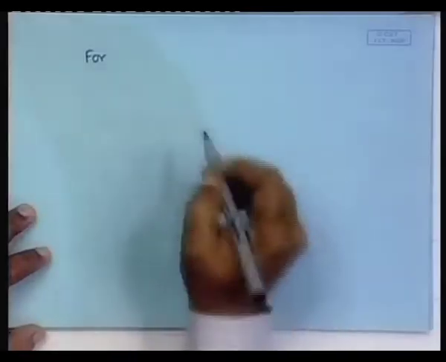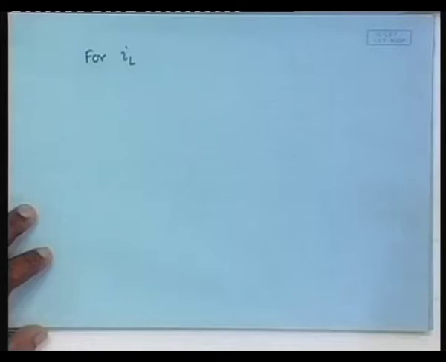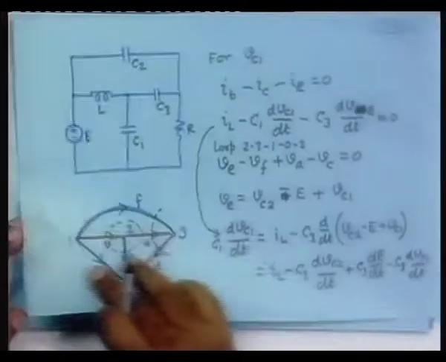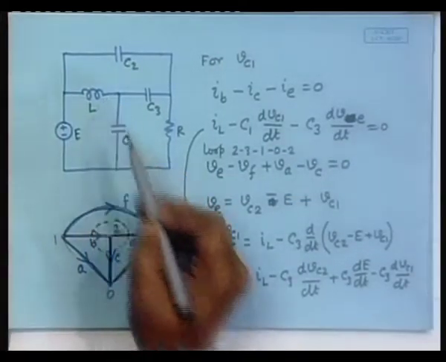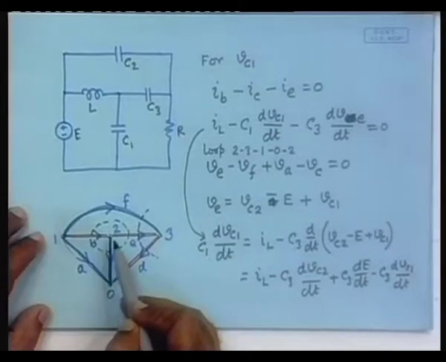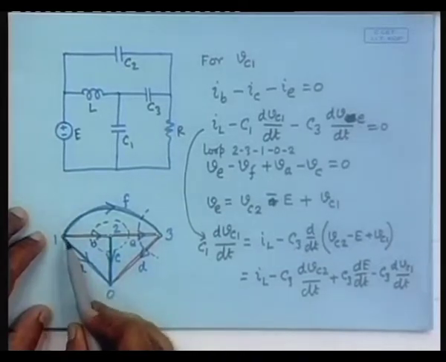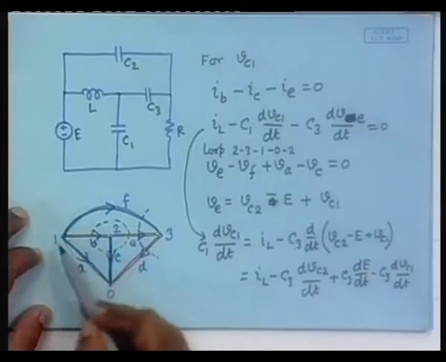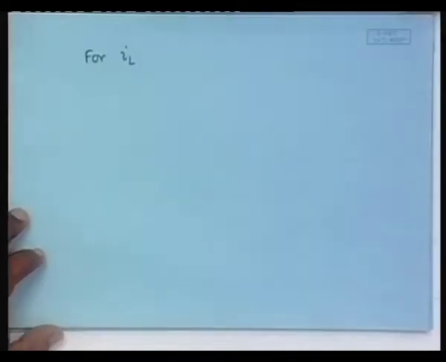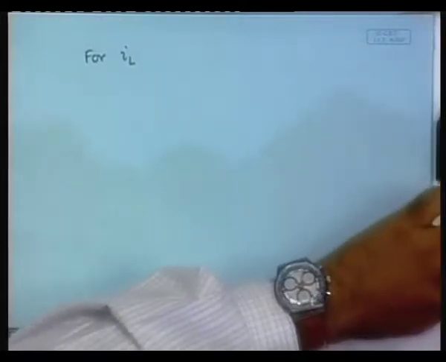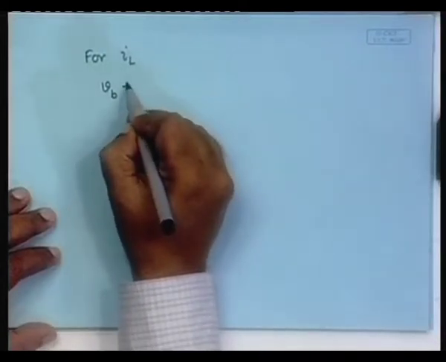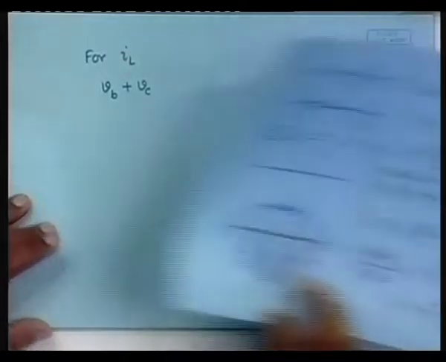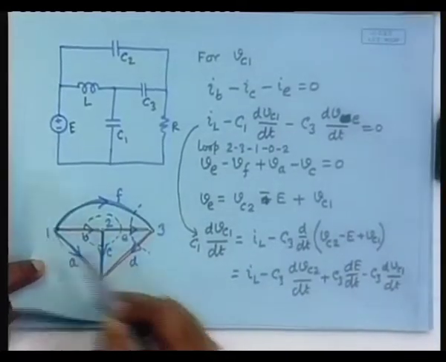Third equation, there will be three things. For IL, how do we write it? It will be the KVL including this basic loop. Where is it? It is, yes, this one. So we will write VA, VB and VC only. So it will be VB plus VC minus VA.